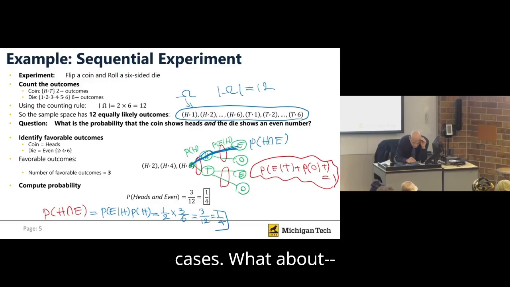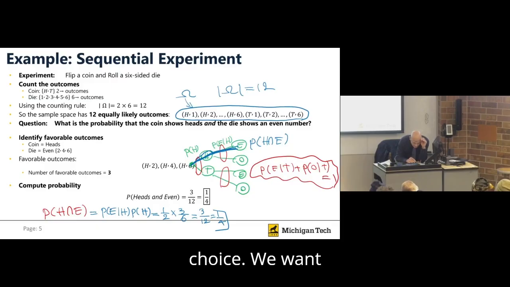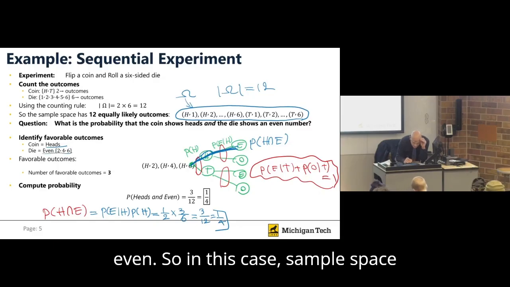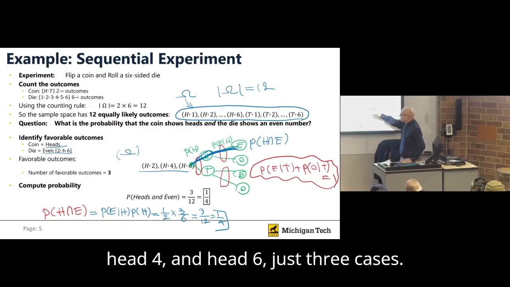But in this example, we have another choice. We want to find the probability of head and even. So in this case, the sample space is this: head 2, head 4, and head 6, just 3 cases.